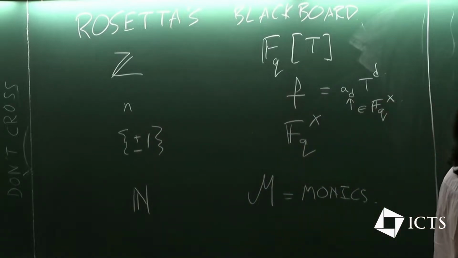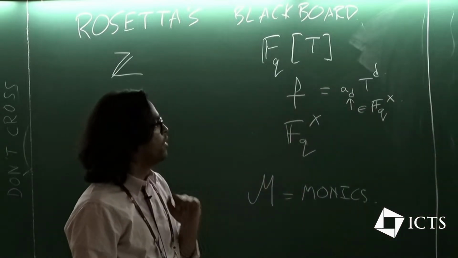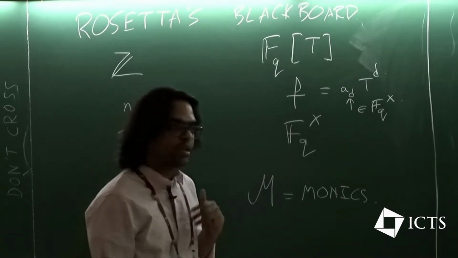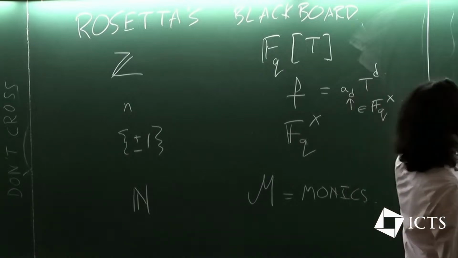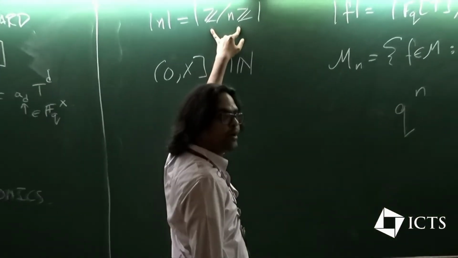So the last few things I need to discuss is the notion of size, right? So you have a notion of size in the integers, which you inherit from the metric in the reals. That's not very useful in F_q[T]. So another way to think of the size of an integer is you can think of it as the size of the residue ring Z mod nZ, right?